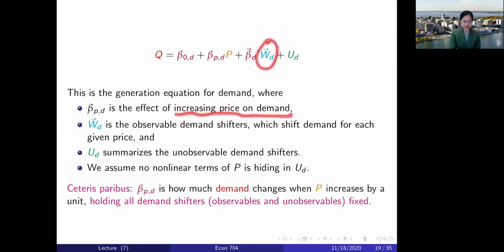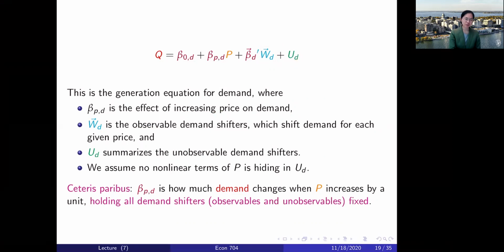And WD is called the observable demand shifters. These are market features that shift demand up and down. And UD are the unobservable demand shifters.